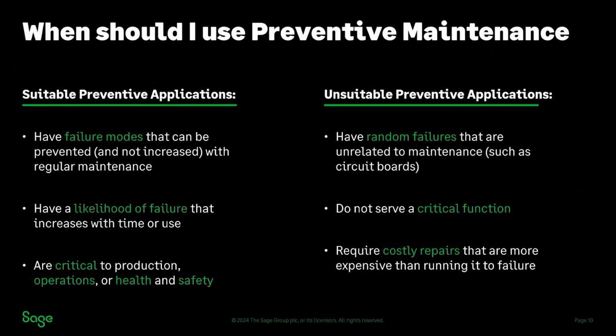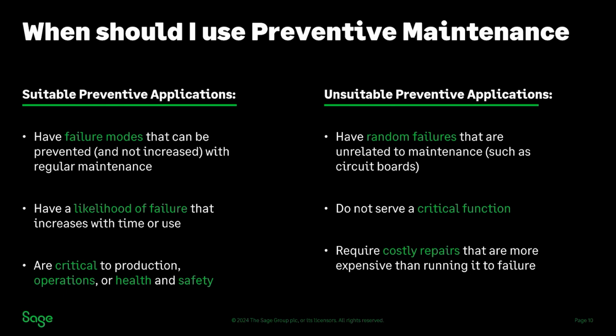Then when would you use preventive maintenance? It is if you have failure modes that can be prevented, not increased, with regular maintenance. If you have likelihood of failure that increases with time or use, and if they are critical to production, operation, health or safety, and you want to maintain them.